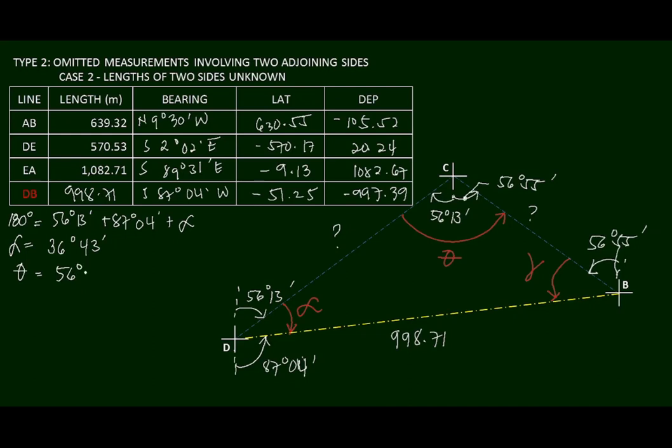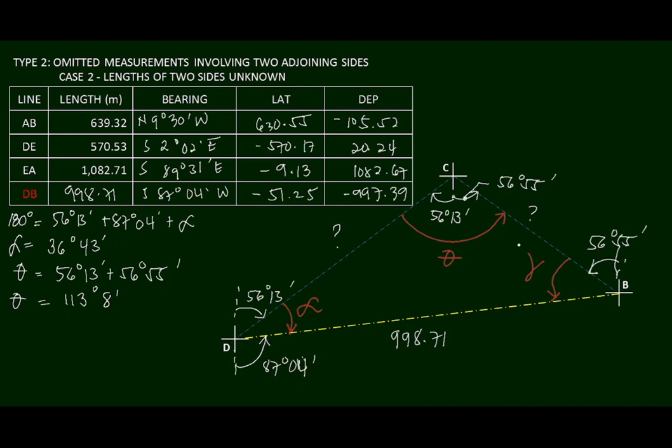That is 56 degrees, 13 minutes plus 56 degrees, 55 minutes. So, my theta is equal to 56, 13 plus 56, 55. 113 degrees, 8 minutes. How about my gamma?